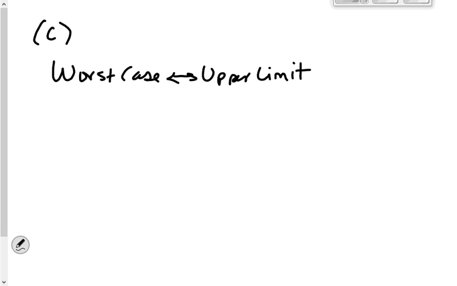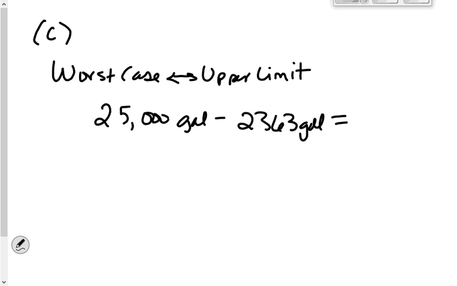So what are we going to do here? Okay, so we're going to take the total amount in gallons minus the number that we figured out for the number of gallons that was lost in those first 8 hours. So again, if we're talking about the worst case and the upper limit, that was 2363 gallons from the last slide.